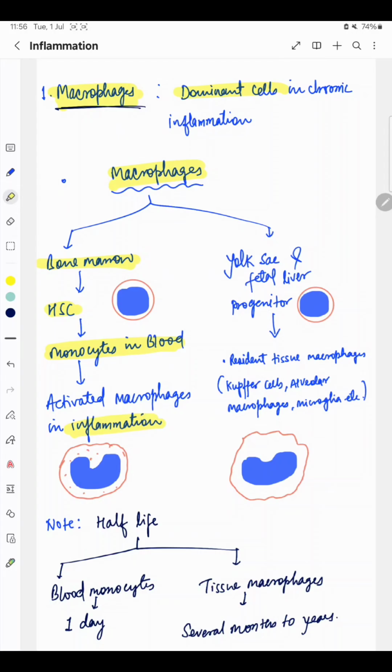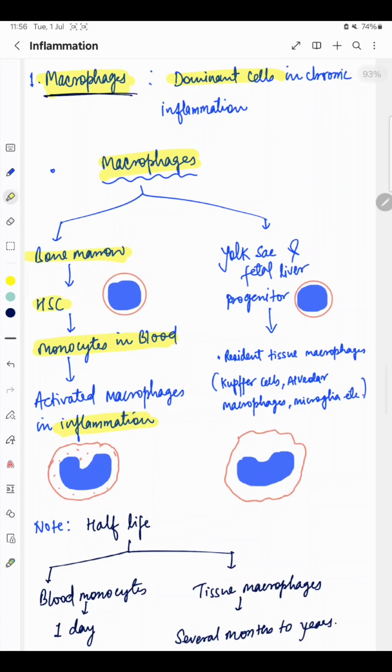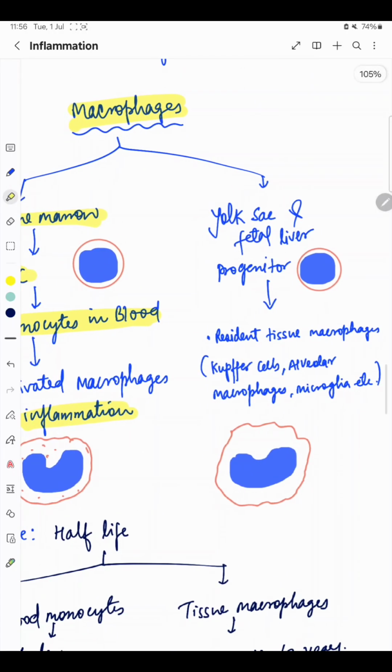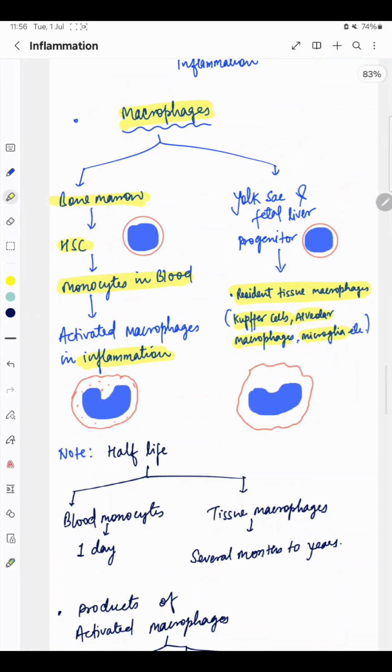On the other hand, the yolk sac and fetal liver contain some progenitor cells, and they form the tissue resident macrophages like Kupffer cells in the liver, alveolar macrophages in the lungs, and microglial cells in the CNS.